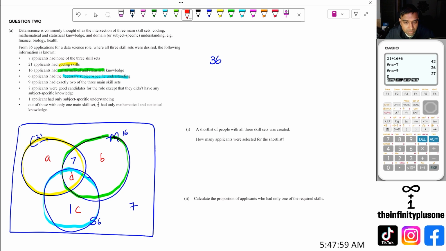I know that when you look at all of them, they should equal 36. And then we've got E, F, G. So if we go 36 minus E plus F plus G, we actually end up getting 27.